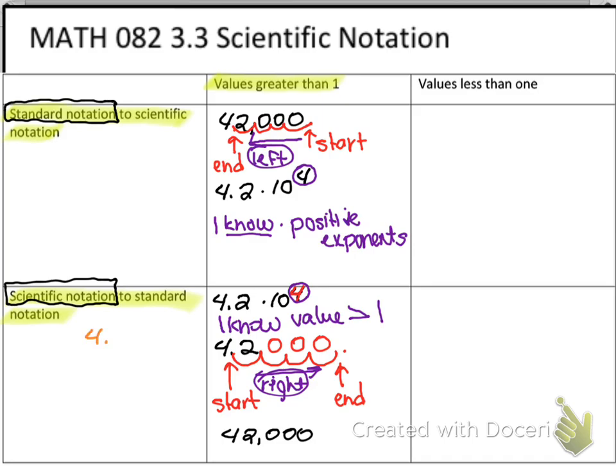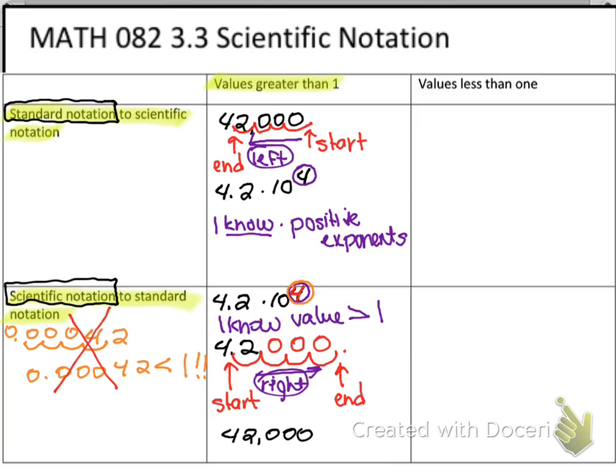Let's say I'm looking at the number 4.2 times 10 to the 4th, and I start moving it this way. 1, 2, 3, 4. And I end up with this number here. When I look at that, this is much smaller than 1. But that can't be right because I have a positive exponent. This positive exponent tells me that I should end up with a number that is much larger than what I started with. So that tells me I went in the wrong direction.